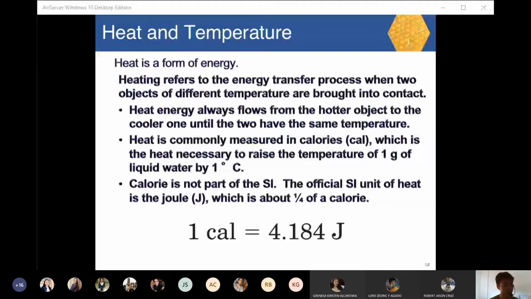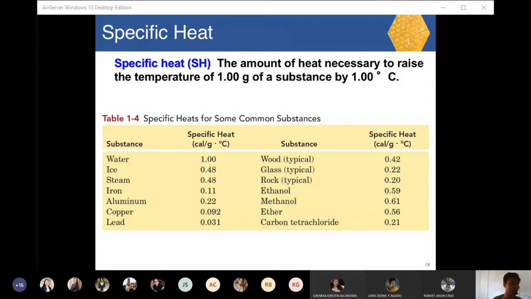So, papasok tayo ngayon sa specific heat. Okay, so what is specific heat? By definition, specific heat is the amount of energy or the amount of heat required in order for you to raise the temperature of a gram of a substance by 1 degree Celsius.